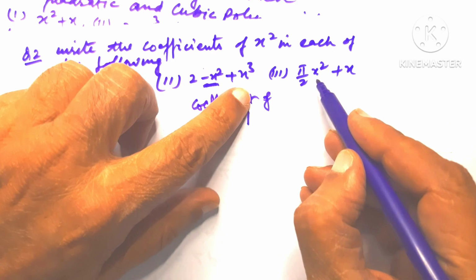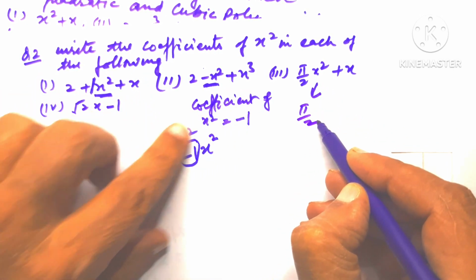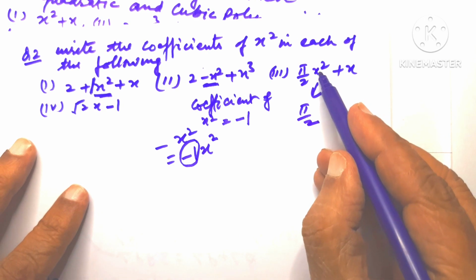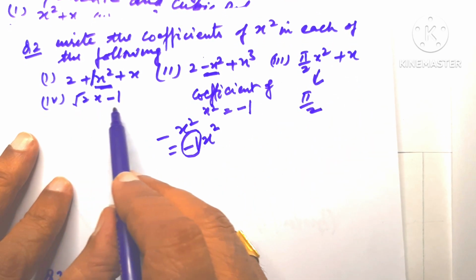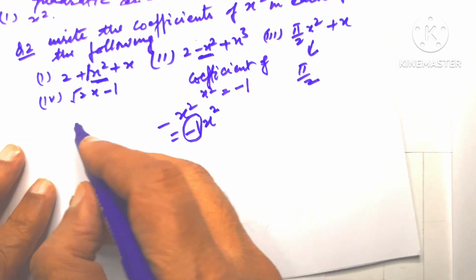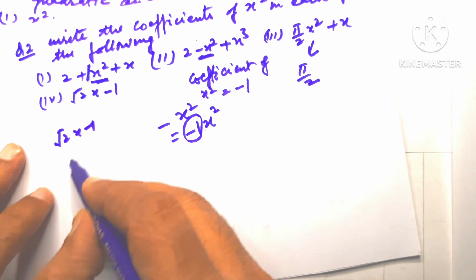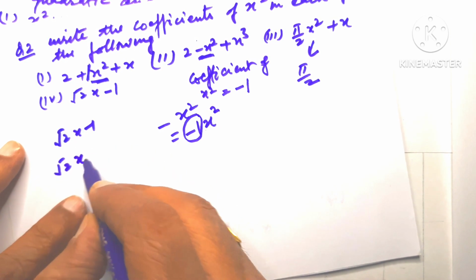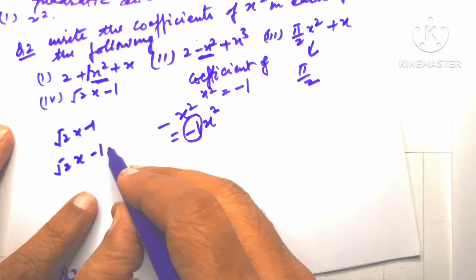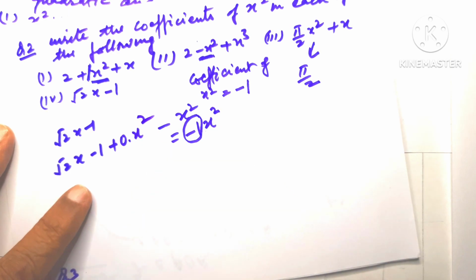Here the coefficient of x square is pi by 2. We have to consider the coefficient of x square only. And what is the coefficient of x square here? Let us write under root 2x minus 1 as under root 2x minus 1 plus 0 into x square.